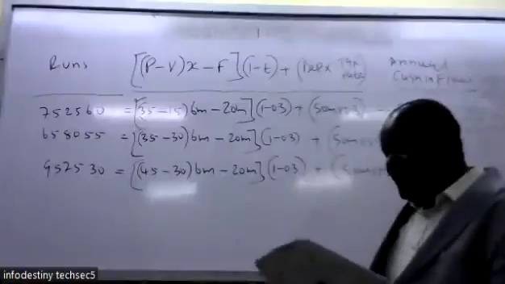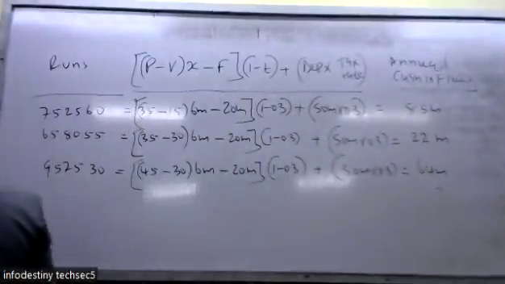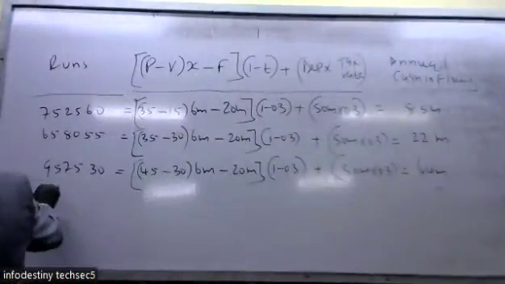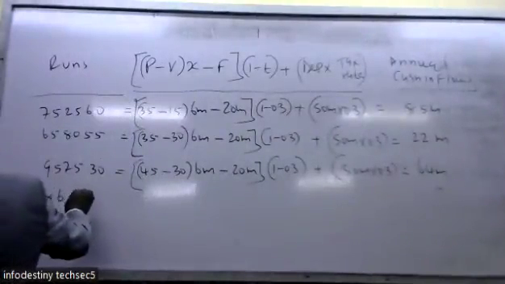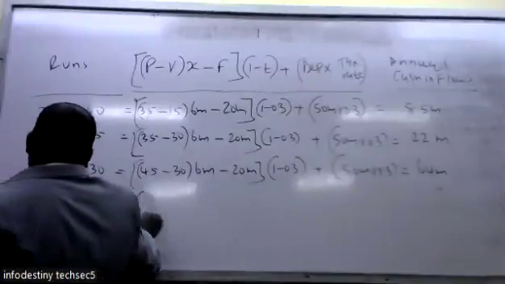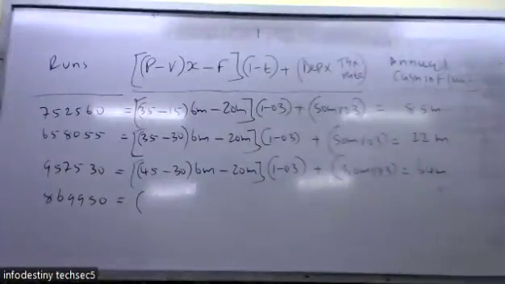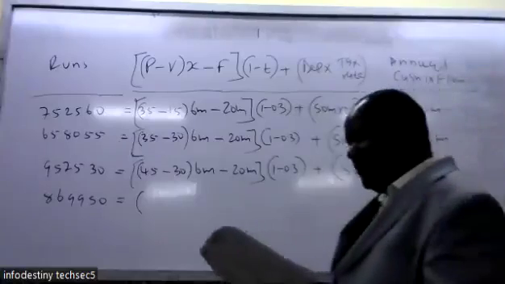So the next random number is 86, 99, 50. So what do we have for 86? It gives a price of 45.